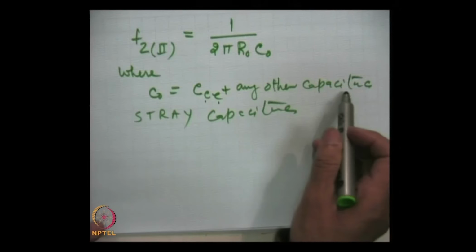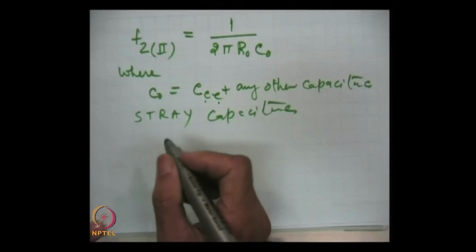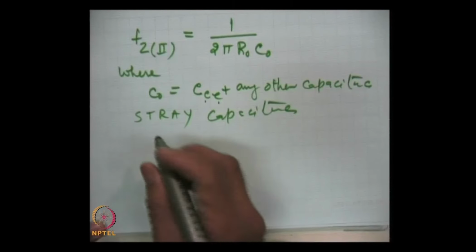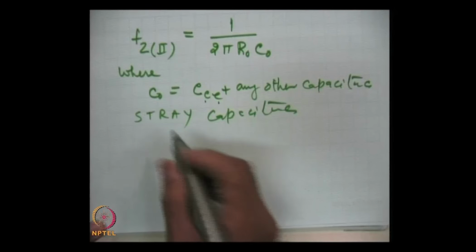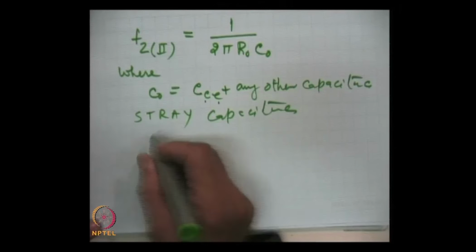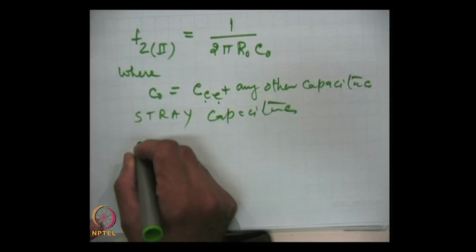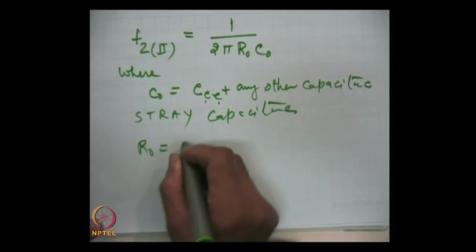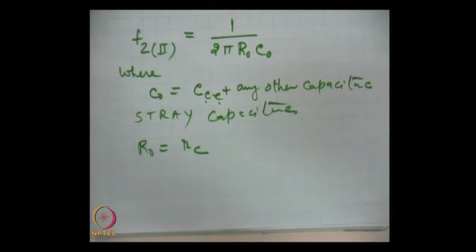So, this is the capacitance, and R_0 is the effective value of the resistance with the capacitance lead.